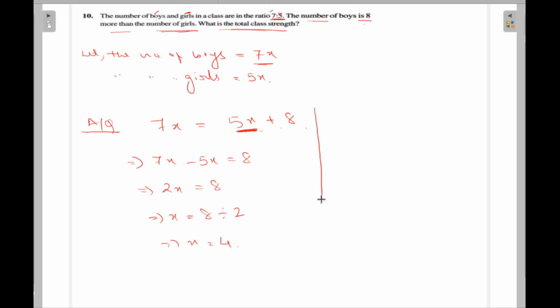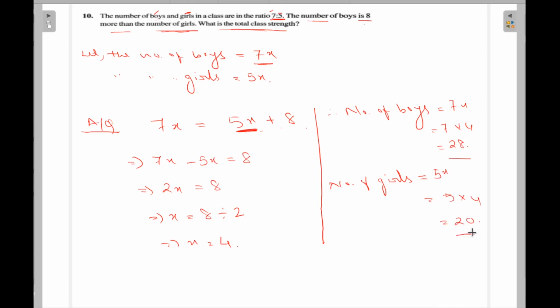Therefore the number of boys is equal to 7x, that means 7 multiplied by 4 equals 28. And the number of girls is equal to 5x, that means 5 multiplied by 4 equals 20.